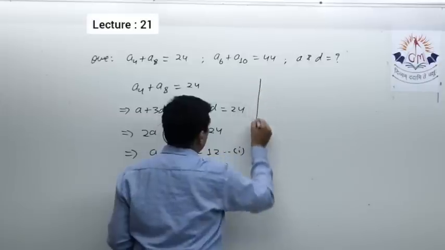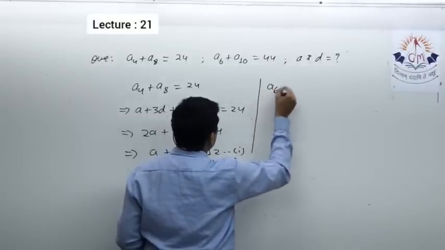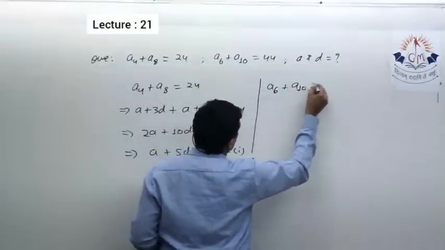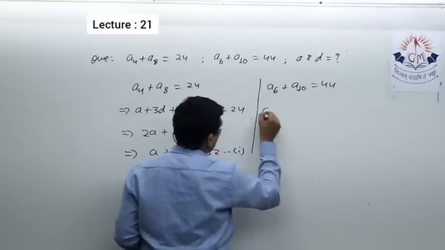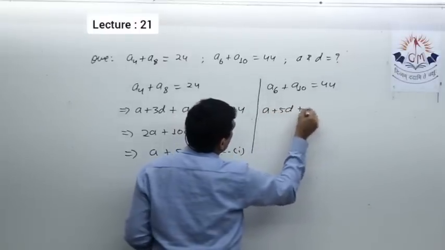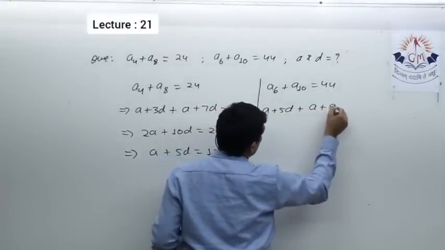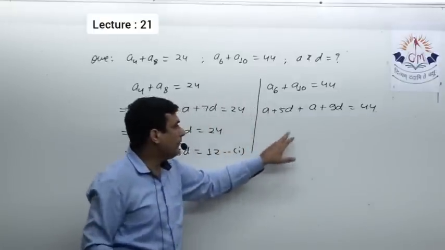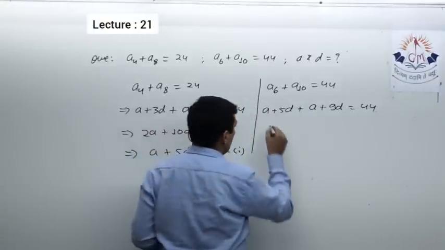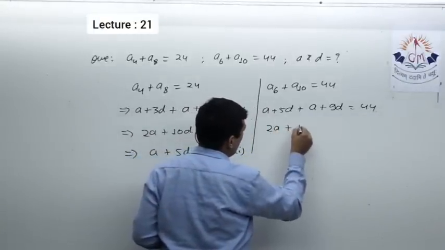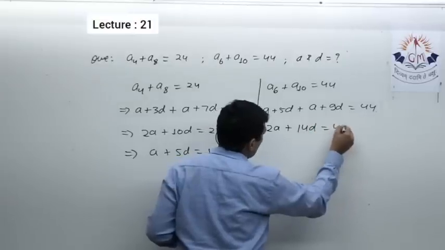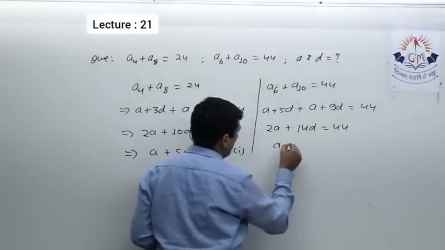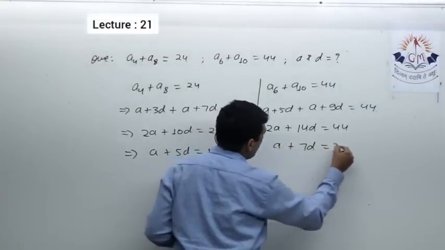Now the second information, A6 plus A10 equal to 44. So A plus 5D plus A plus 9D is equal to 44. So 2A plus 14D is equal to 44, so A plus 7D equal to 22.